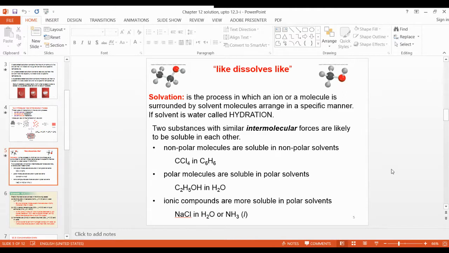Here we have to study polar and non-polar substances. A polar solute dissolves in a polar solvent, and a non-polar solute dissolves in a non-polar solvent. The polarity is based on the dipole moment.